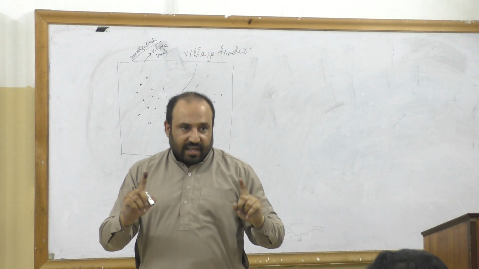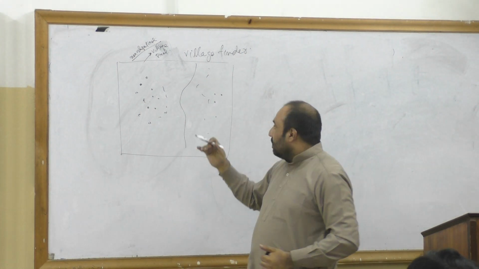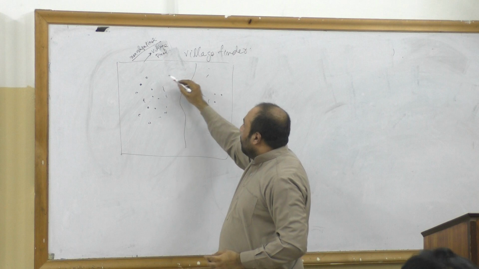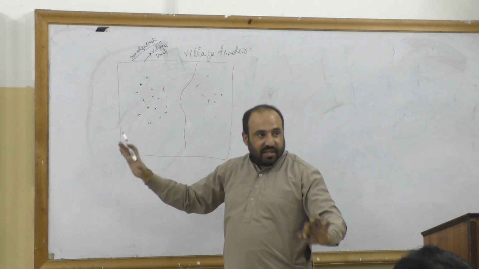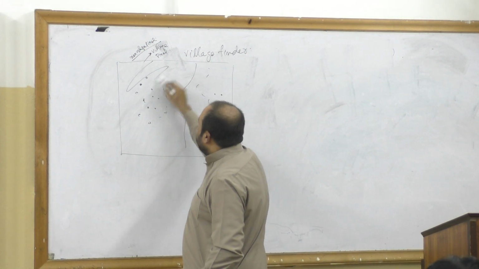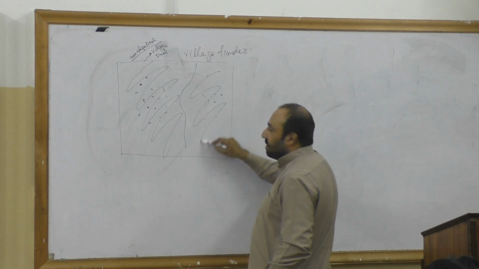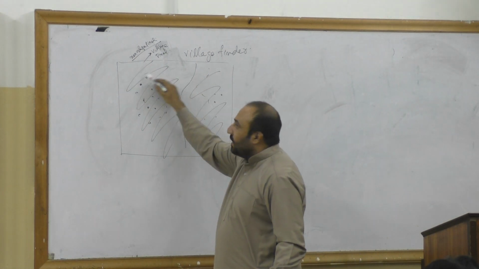So what we did at that time is that we took all these points and we clustered them based on their similarity. Make sense? So let's say this is one cluster and this is another cluster. And now we keep on classifying all the data points.